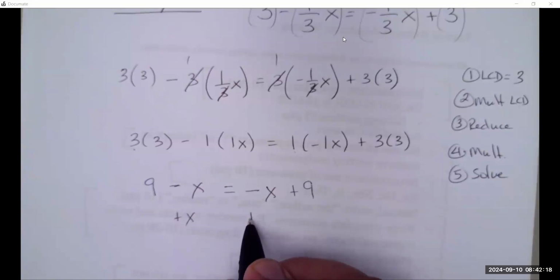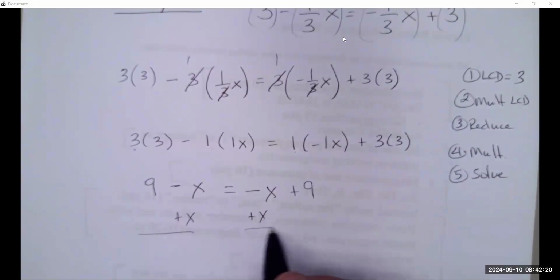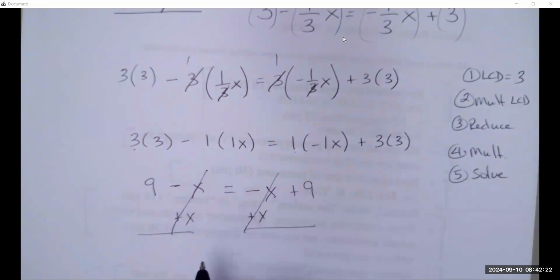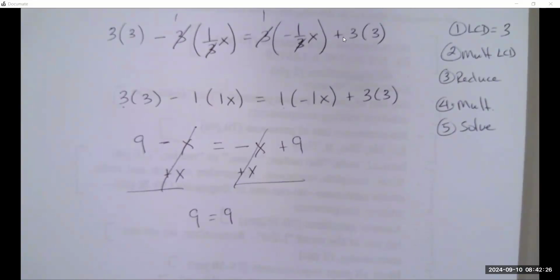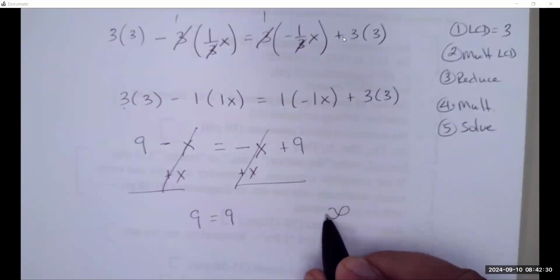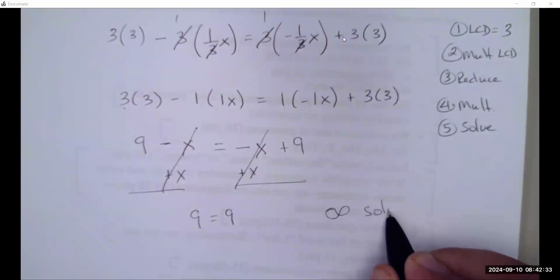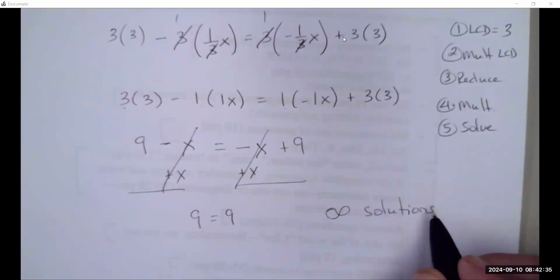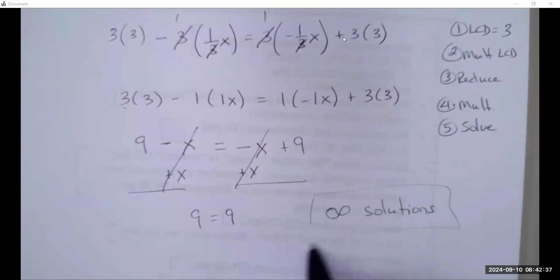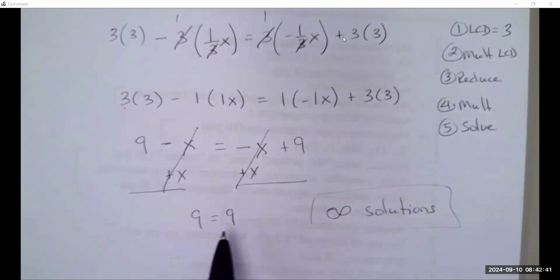We add x to both sides. So what does that tell us? Yeah, so any x you put in there, any value of x, it'll equal the same, because 9 always equals 9.